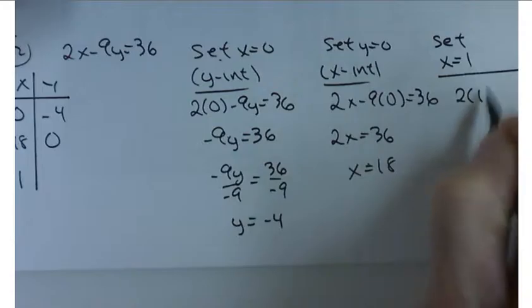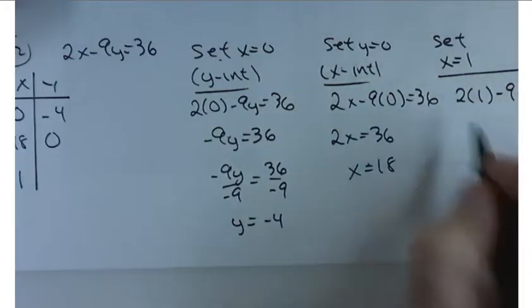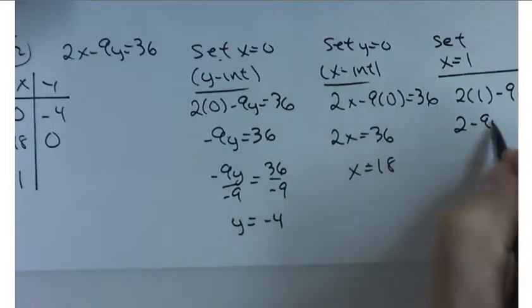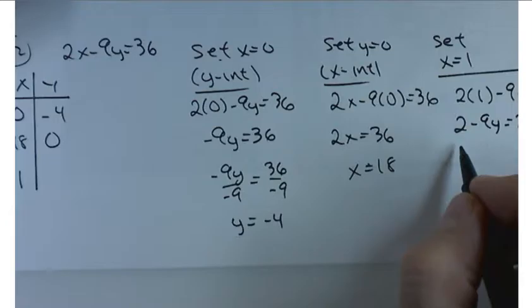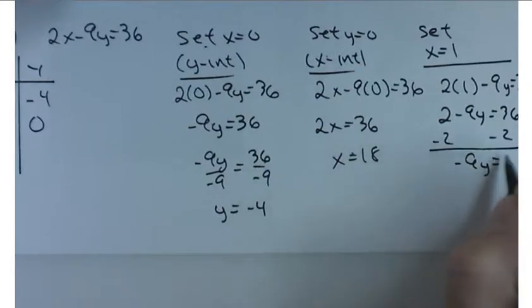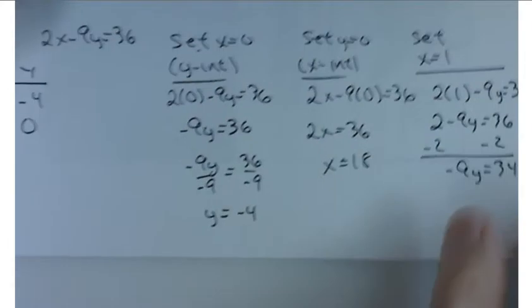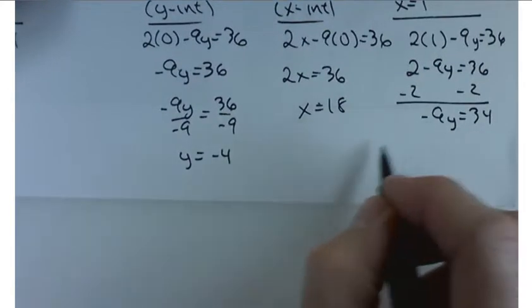2 times 1 minus 9y equals 36. If I subtract 2 from both sides, I get negative 9y equals 34. Divide both sides by negative 9.